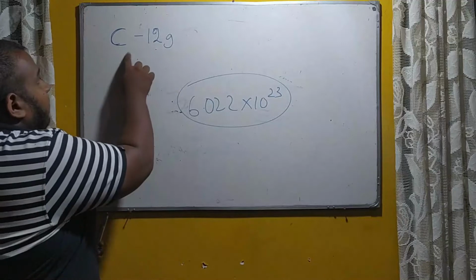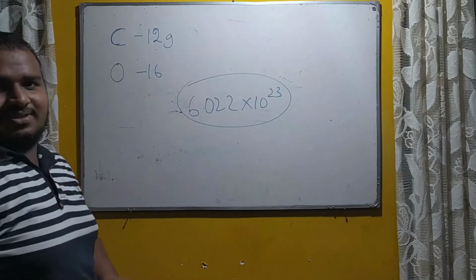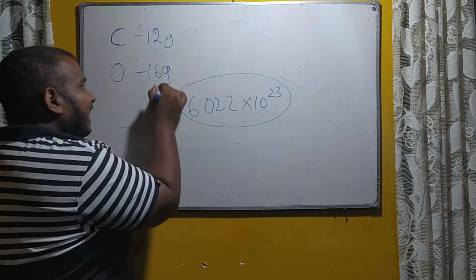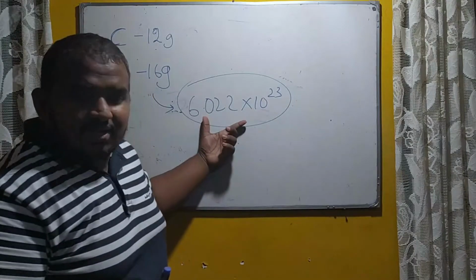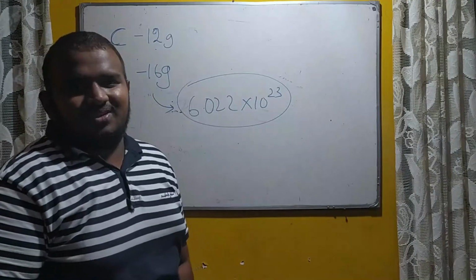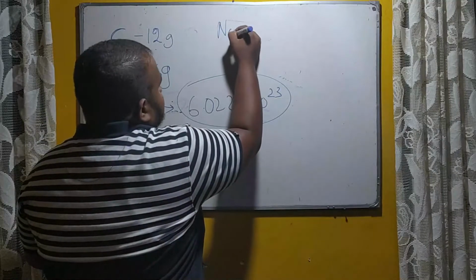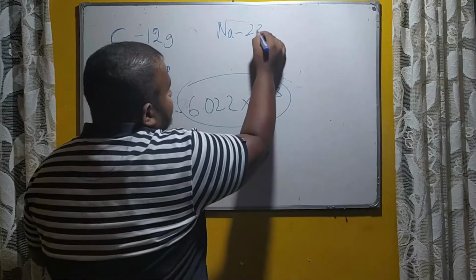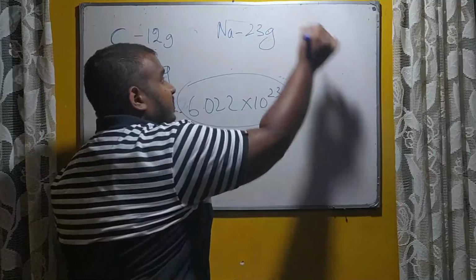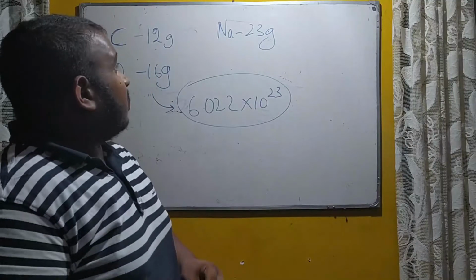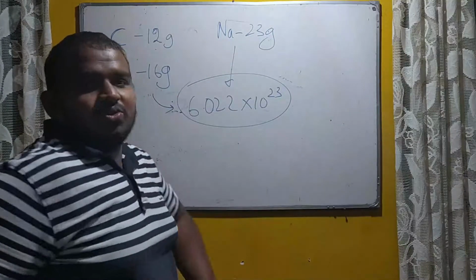So carbon is 12. But if you come to oxygen, it is 16. So you have to take 16 grams to get this much, 6.022 into 10 to the power of 23 oxygen atoms. If you consider sodium, the relative atomic mass is 23. If you take 23 grams of sodium, it will result in this much sodium atoms.